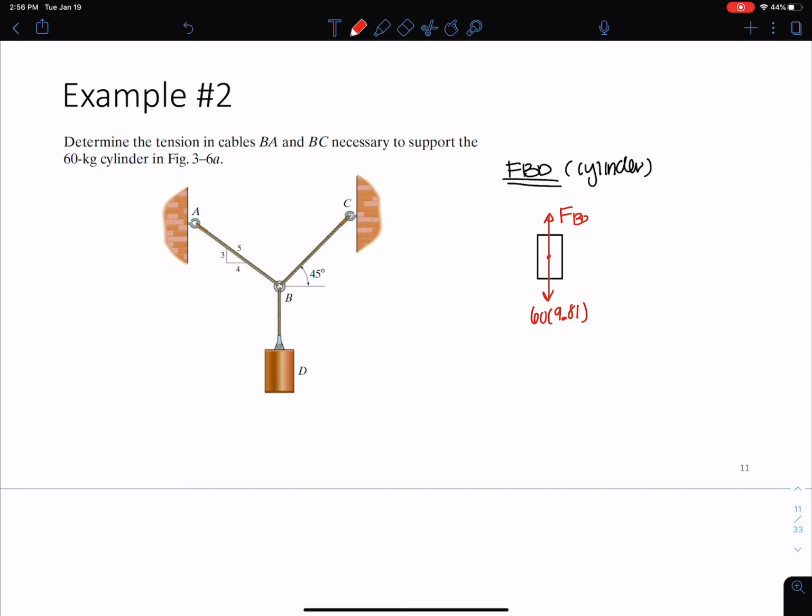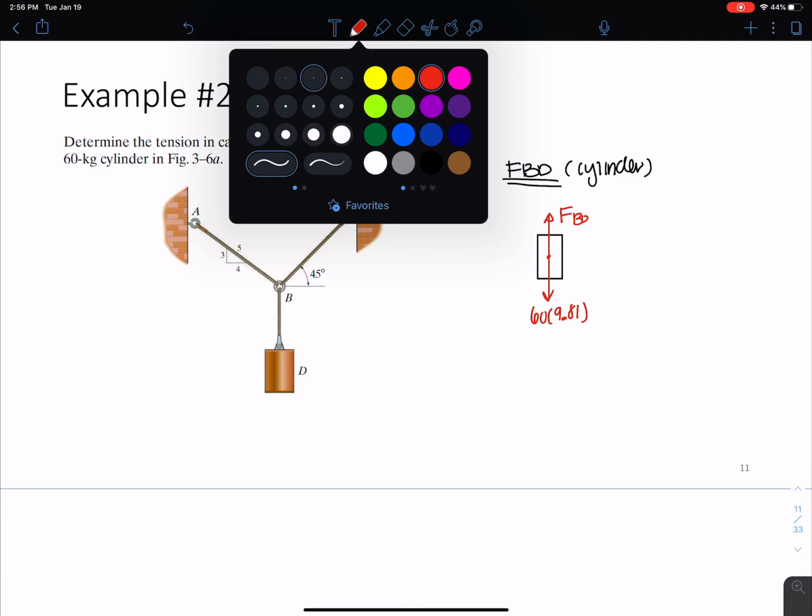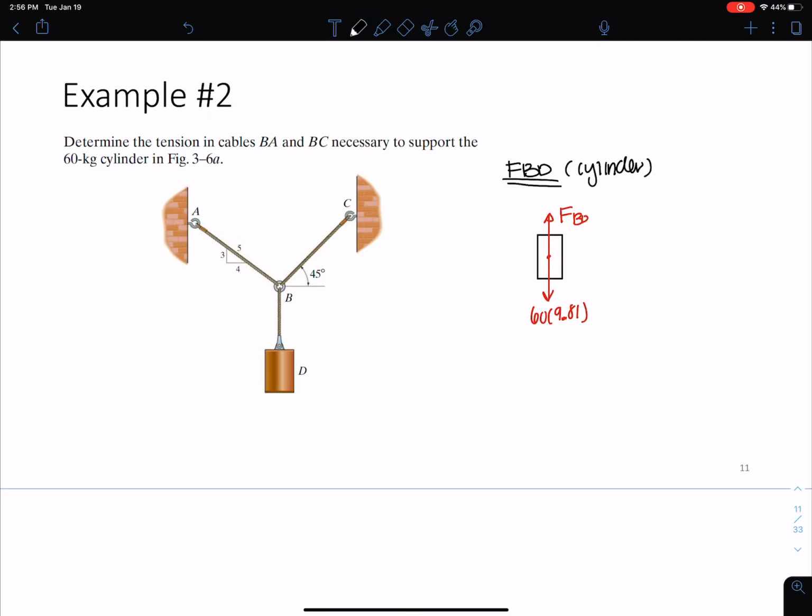From the sum of forces in the X and Y direction, I have no forces in the X, so I'm going to sum forces in the Y direction and set them equal to 0. FBD, you can also call this TBD, tension BD, whichever you like, has to be equal to 60 times 9.81. All right, so I've already solved for the tension in that cable, and I get 588.6 newtons.